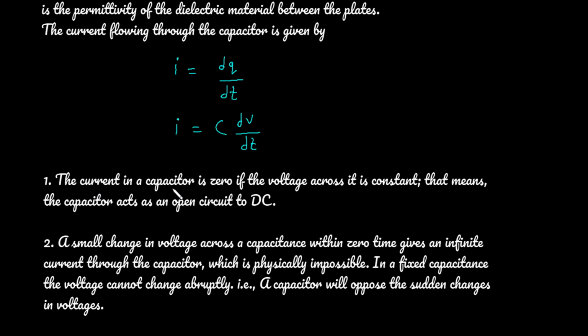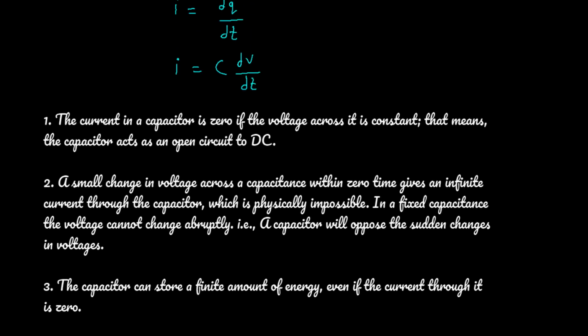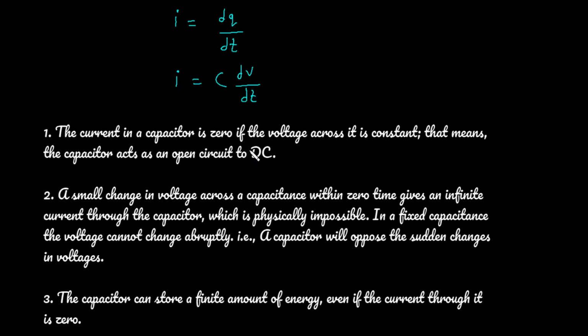The current in a capacitor is 0 if the voltage across it is constant. That means the capacitor acts as an open circuit to DC. A small change in voltage across a capacitance within 0 time gives an infinite current through the capacitor, which is physically impossible.